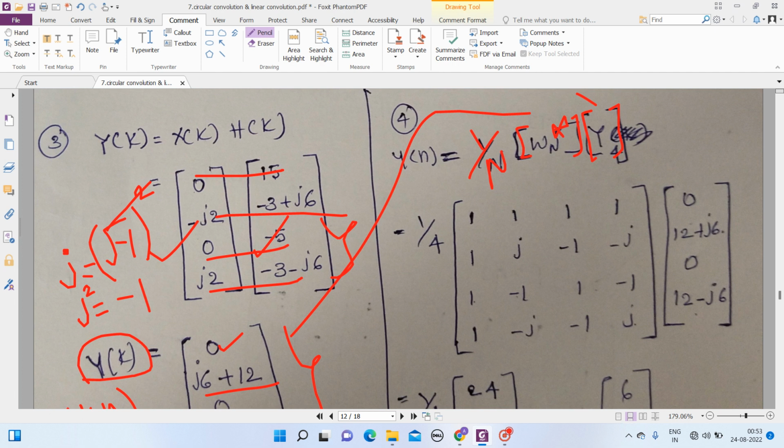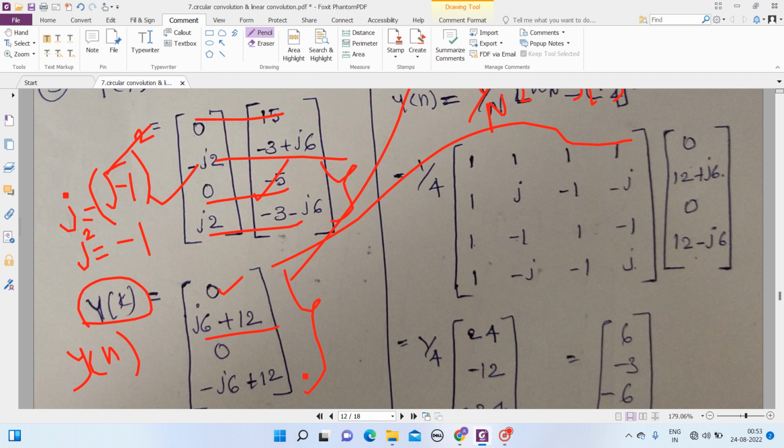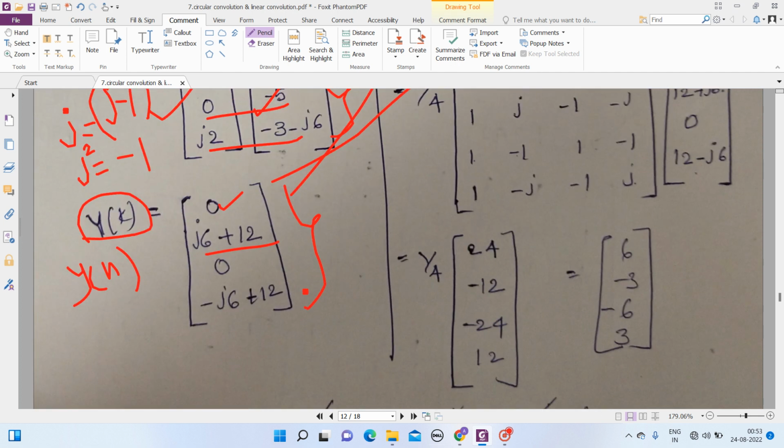Then you have to substitute this value here, and multiply these two matrices, and you will get this answer. Thereafter, please don't forget to divide by 4, 1 by N, right? 4 6s are 24, 4 3s are 12, minus 3, minus 6.